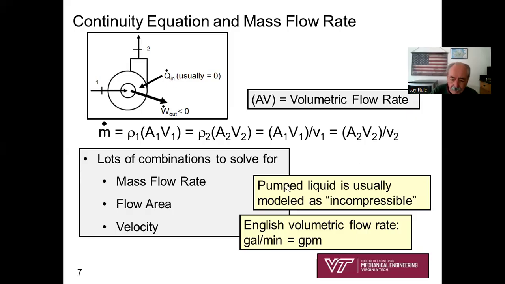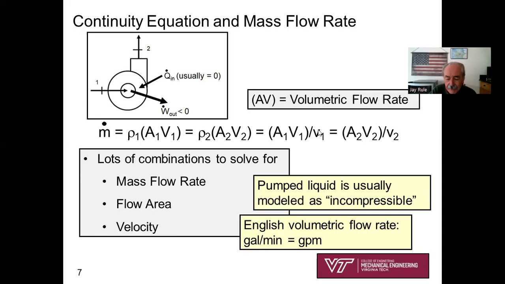Another note I made is when we're pumping liquids, which is what we pump, we're usually modeling our liquids as incompressible, like tap water. We model tap water, any lake water, river water, boiler feed water, all of those as incompressible.